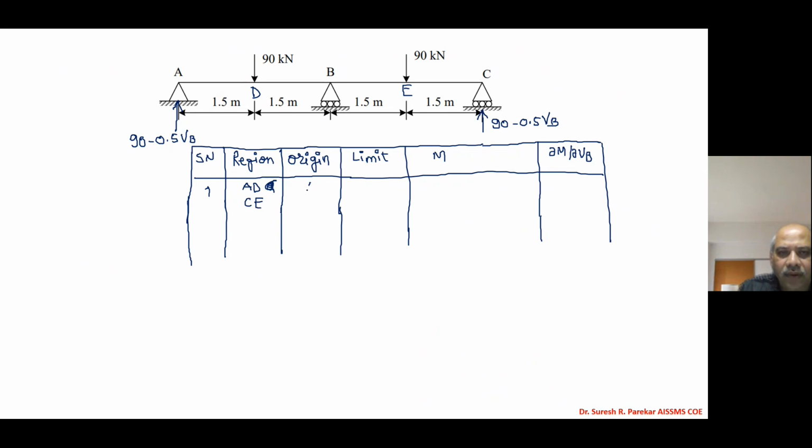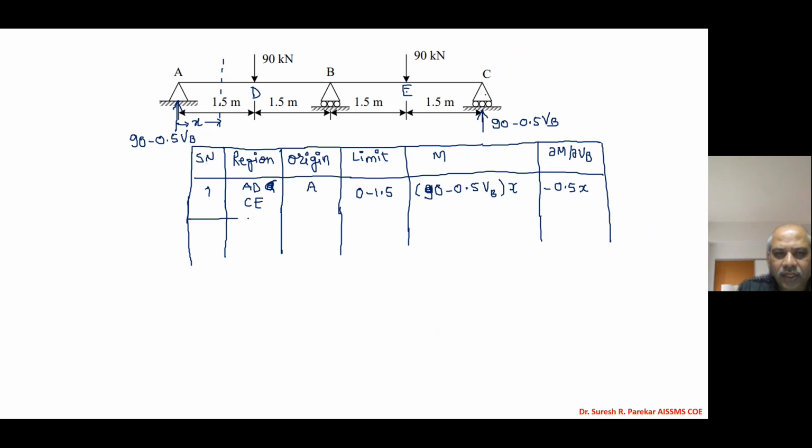The origin is A, and for CE the origin is C. The limit is 0 to 1.5. Then M, considering X between A and D with origin A, is 90 minus 0.5 VB into X. Taking the derivative, we have minus 0.5 X.